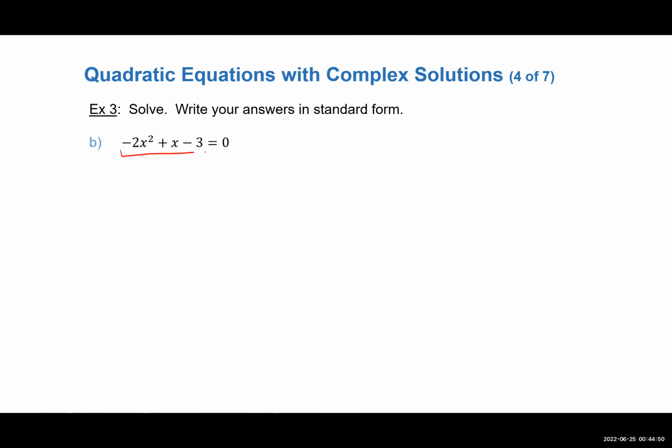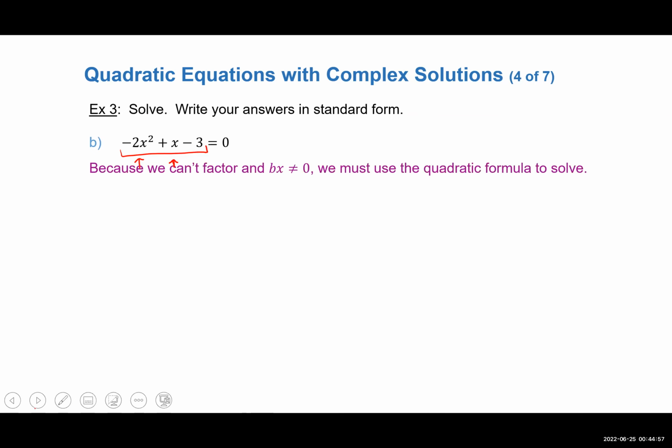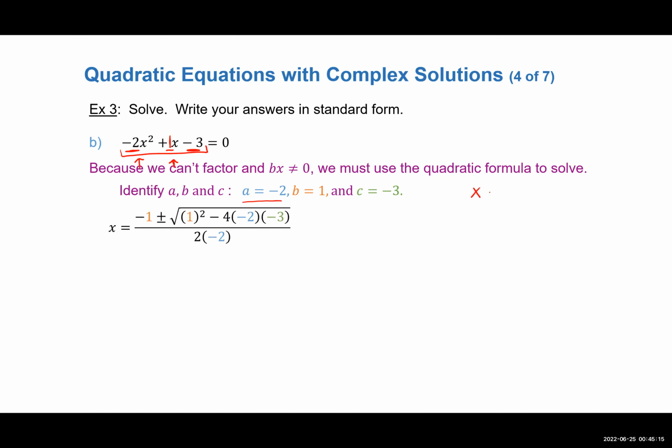Here we cannot do the square root property because there's two terms with an x in it. So we have to use the quadratic formula. So we're going to use the quadratic formula and say, what is A, what's B, and what's C? A is -2. B is 1. C is -3. So then we plug that into the quadratic formula, which is x equals -b plus or minus the square root of b squared minus 4ac all over 2a.